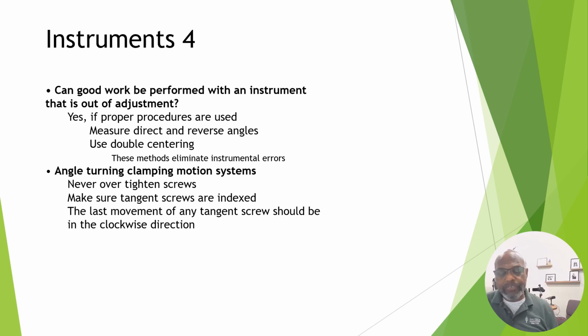On some devices you can actually adjust the crosshairs to make sure they're crisp and in the right place, and also focus on the object. It's important that you're adjusting, not over tightening or under tightening, that things are secure, and that the instrument is performing correctly.